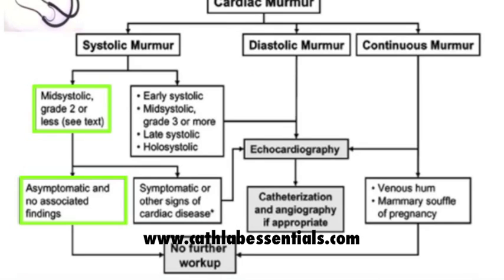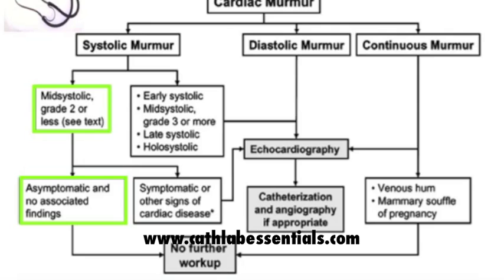In the non-invasive evaluation, cardiac murmur is a consistent and diagnostic finding for aortic stenosis, and in this graphic from the American College of Cardiology showing who needs an echocardiogram, all murmurs, with the exception of the mid-systolic grade 2 or less, or the asymptomatic mid-systolic murmur with no findings, do not need echo.